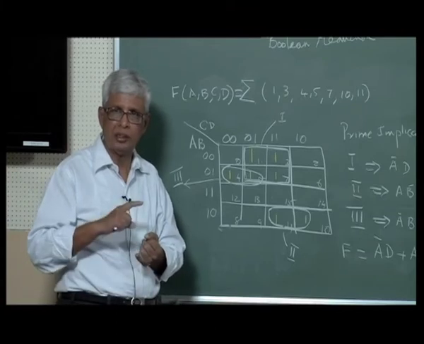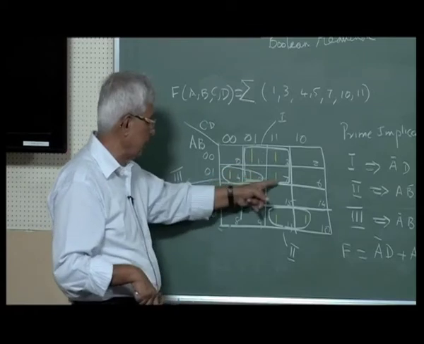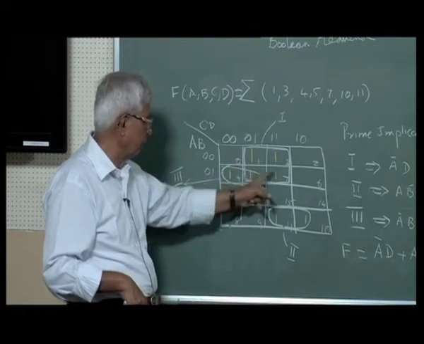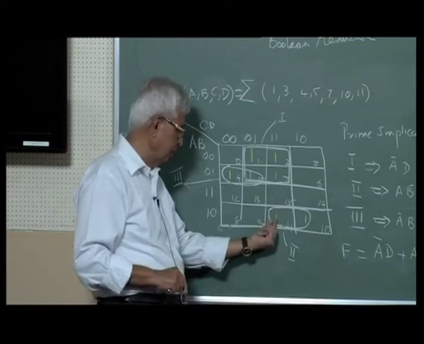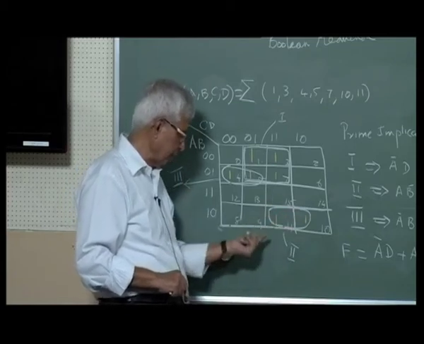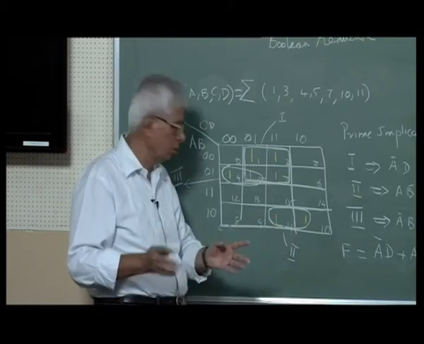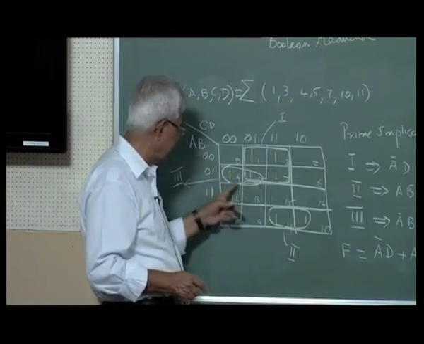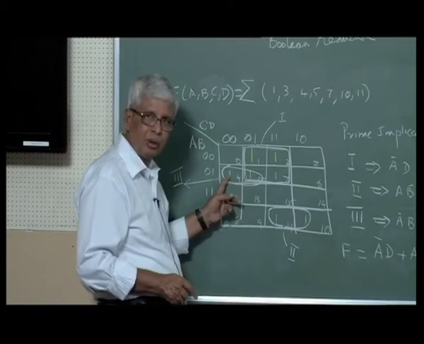Make sure all the ones are covered, taken into account. These 3 are required. These 2 are also essential. Without this second prime implicant, these 2 ones get left out. This is also essential because without this, one gets left out.